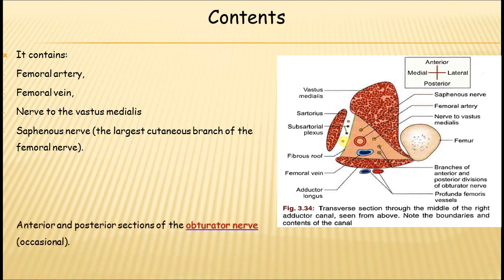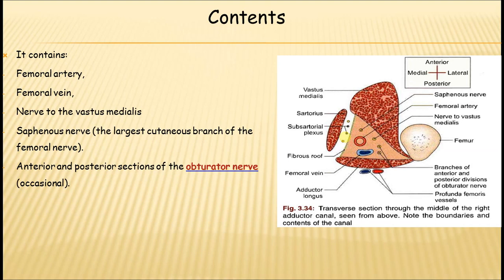Occasionally the obturator nerve also forms part of the content. The main contents are the femoral artery, femoral vein, saphenous nerve, and the nerve to vastus medialis. Then there is the descending genicular artery, which is given by the femoral artery in the subsartorial canal.